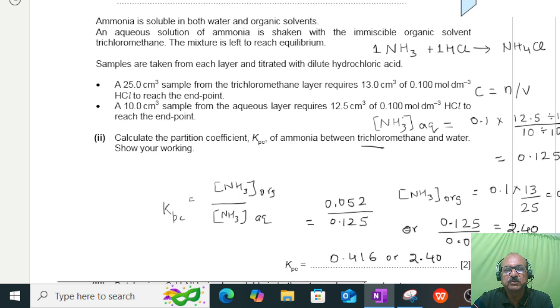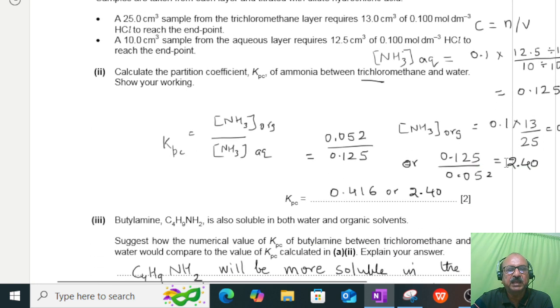If we convert it into dm³, we divide by 1000, and the formula for concentration is n over V. The number of moles is 0.1 times 12.5, converted to dm³, and when we divide by the volume, which is 10 cm³, again converted to dm³, we get the concentration of ammonia in the aqueous layer.